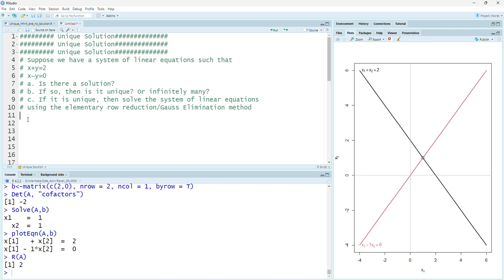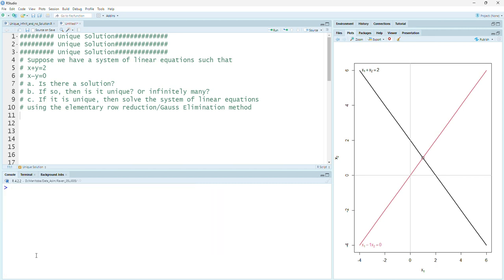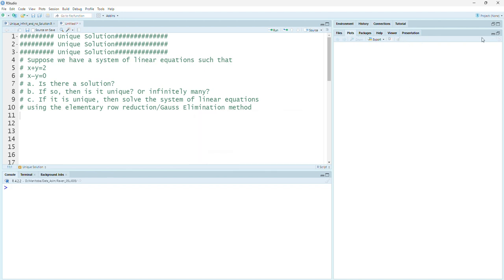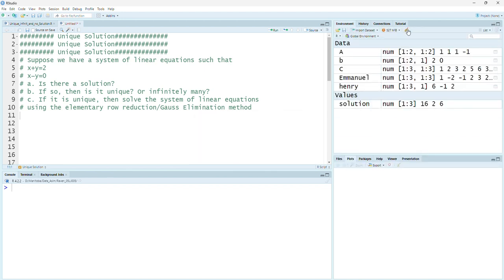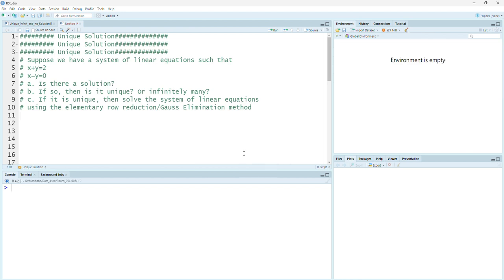I will solve one example, considering two variables. Before we start, it is always a good practice to clean up your console by pressing Ctrl and L, clean your plot, and if you have something in your environment, clean it. It is always good to have a clean version so that there is no memory in R. Okay, so let's start.